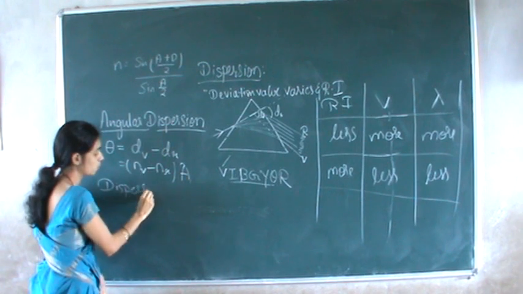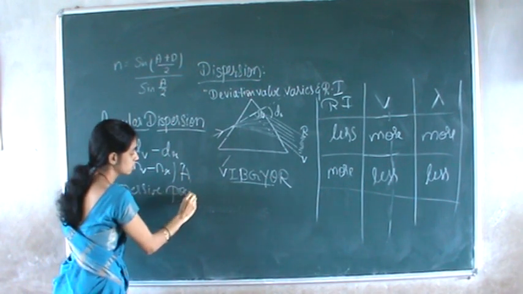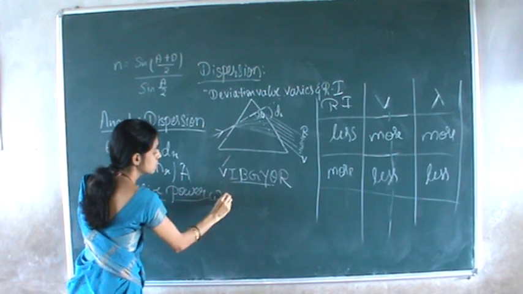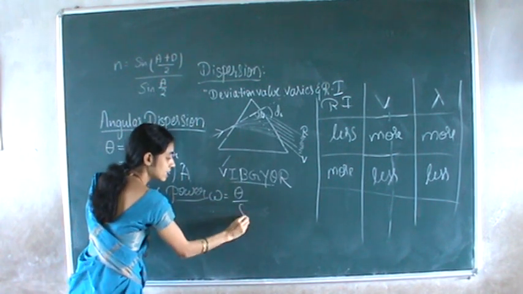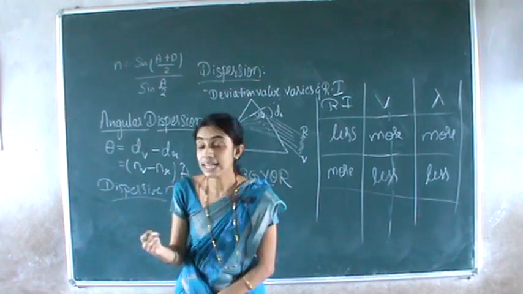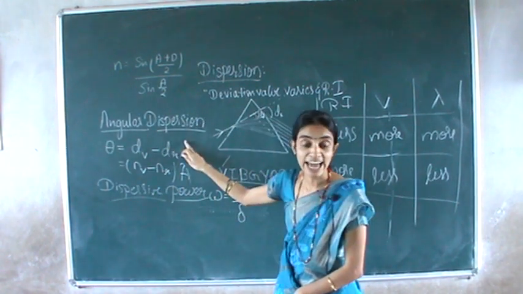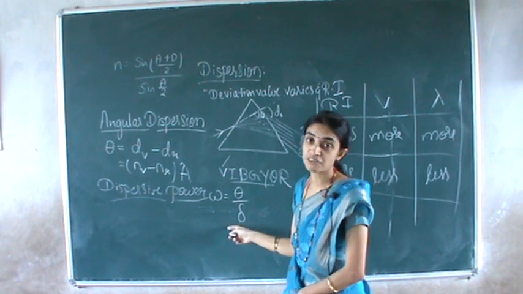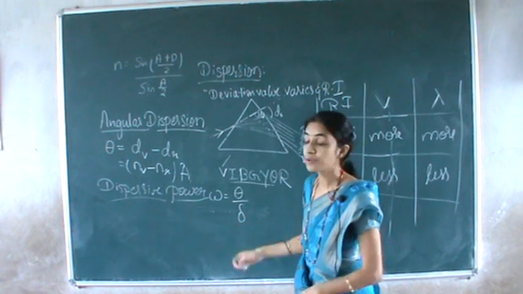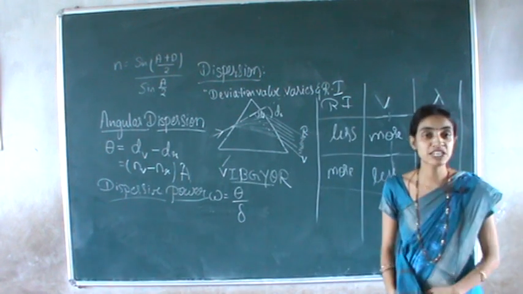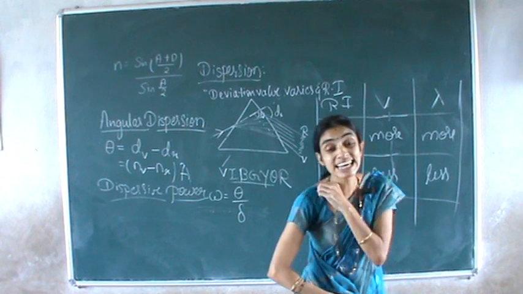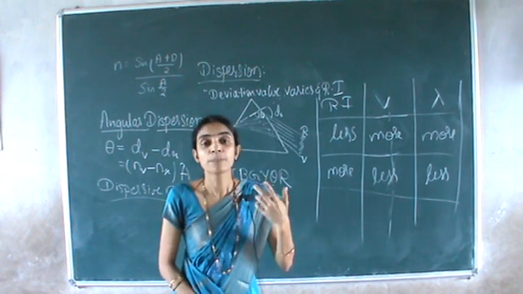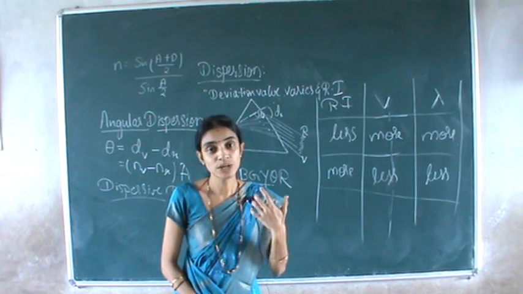Next, dispersive power, omega equals theta by delta. Theta is the angular dispersion and delta is the mean deviation of the two colors. Dispersive power is the ratio of the angular dispersion to the mean deviation of the two colors.